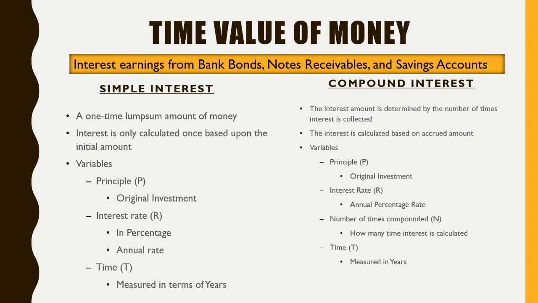So if your interest rate is per year, then every month they're going to calculate a small percentage to reflect how much interest you're going to accrue every single month. So compounded, whether it's monthly, weekly, quarterly, or annually, depending on the context, will determine how many times you need to recalculate the interest to determine how much interest is going to be collected every bill payment period.